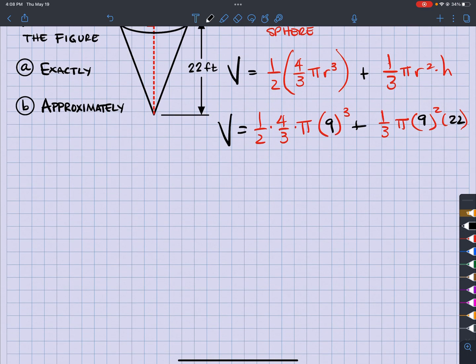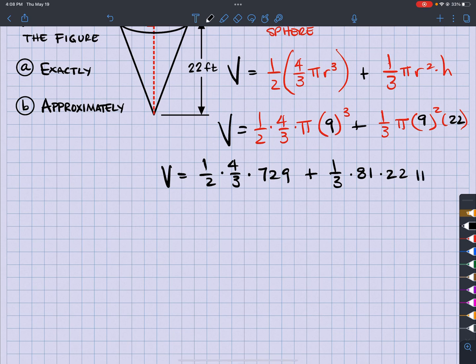Okay, so that means my volume is equal to 1/2 times 4/3 times 729 plus 1/3 times 81 times 22. Oops, I forgot it's a pi. I was trying to group all the numbers together and I forgot the pi. There we go. So now both pi's are there.